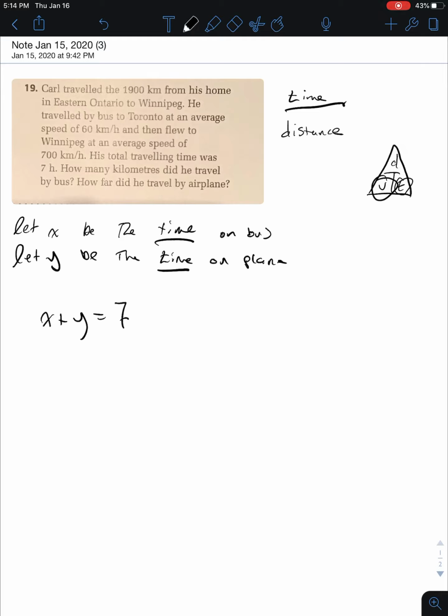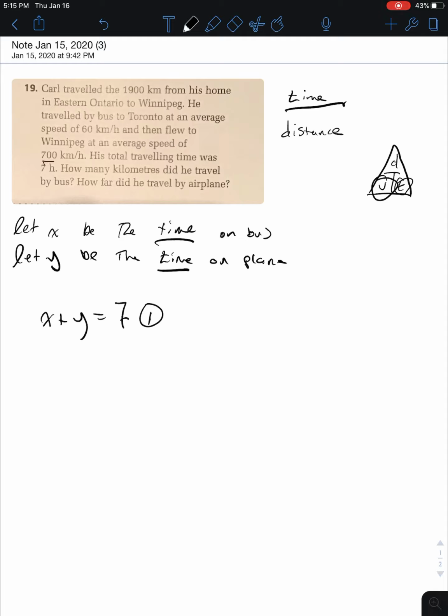That's my d. It's like v is equal to d over t, so it's kilometers over hours, that's your speed. Most of these are pretty similar. So then that's your first equation.